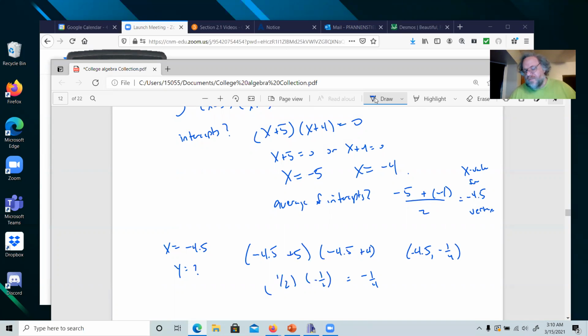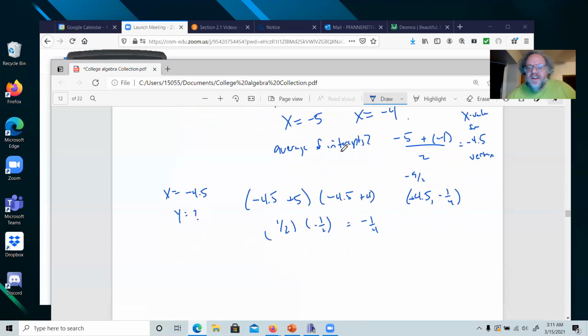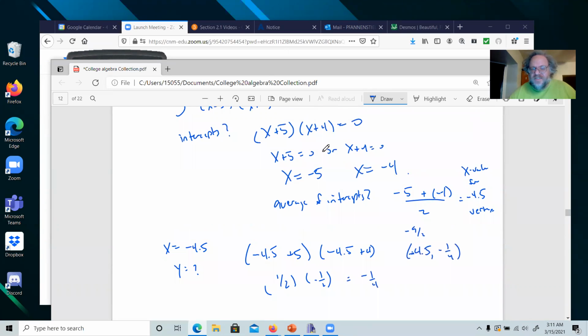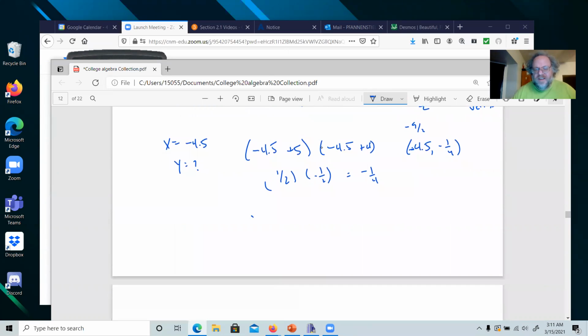Okay, negative 4.5 is also known as negative 9/2, right? All right, check this out. Let's multiply it out. We have x plus 5, x plus 4. Multiply this out, we get x squared plus 5 and 4 is 9x plus 20.